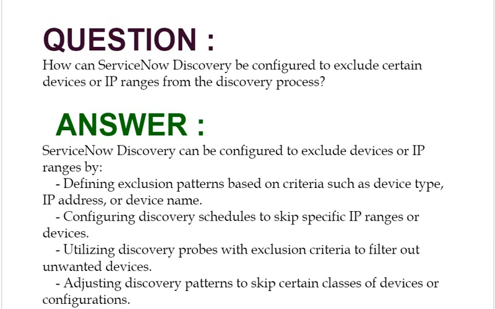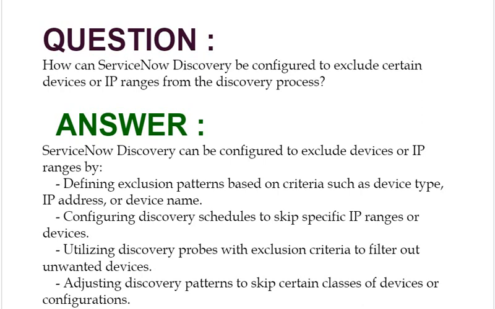Our next interview question based on service mapping and discovery is: how can ServiceNow Discovery be configured to exclude certain devices or IP ranges from the discovery process? Your answer should be: ServiceNow Discovery can be configured to exclude devices or IP ranges by defining exclusion patterns based on criteria such as device type, IP address, or device name.